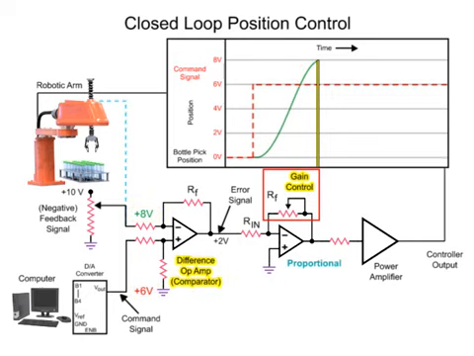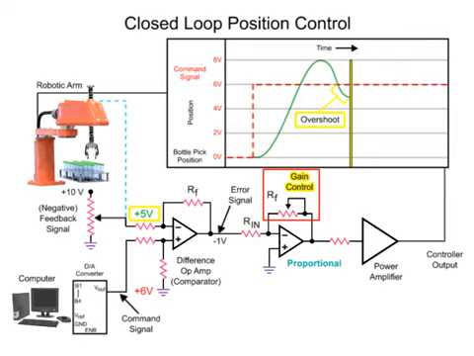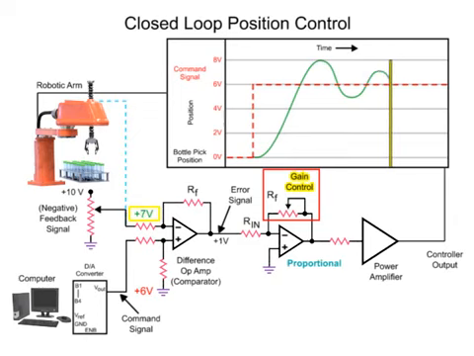The op-amp reacts to this condition by changing the polarity from positive to negative, which results in reverse rotation of the arm motor to go back to the desired position. Although with high gain, the overshoot is repeated again in the opposite direction. The overshoot of the target position repeats until the robotic arm motor stabilizes.